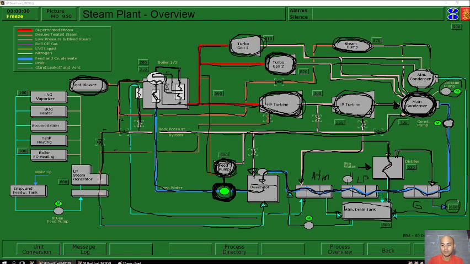So this freshwater can be used for our ship, for the boiler, or for whatever purpose you want to use it.